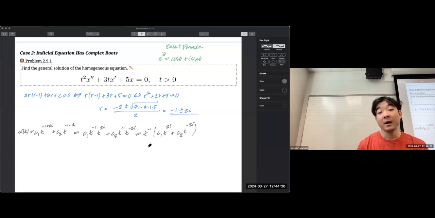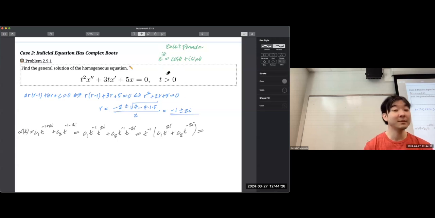And then I need to get this to look like an exponential because I want to use Euler's formula. This is like cheating a bit, but I can get any expression that I want to become an exponential. I can always do this. I can say C1 e to the ln of t to the 2i.